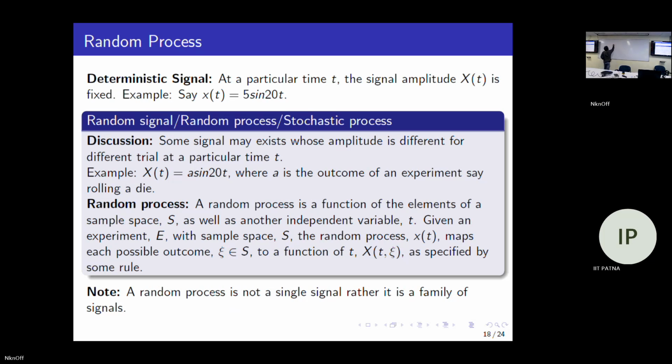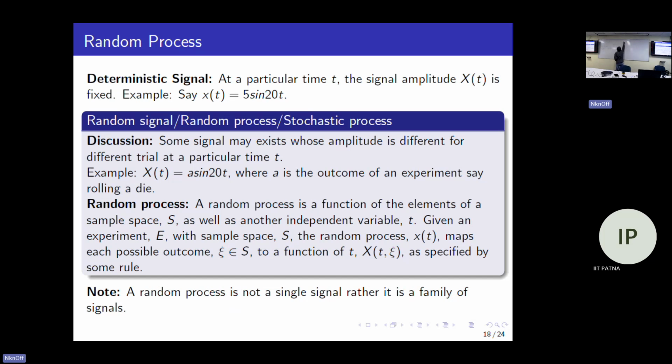Let's say we have a die rolling. One may come, that means zeta 1. This is the sample space: zeta 1, zeta 2, and so on, up to zeta n. And then we have some signals, t versus x(t, zeta). Why am I writing t comma zeta? Because the amplitude x is a function of t as well as zeta.